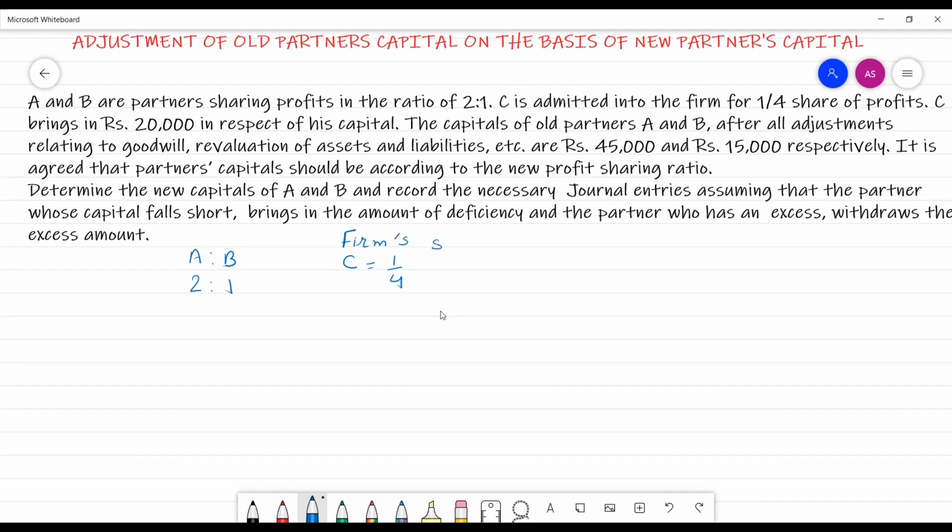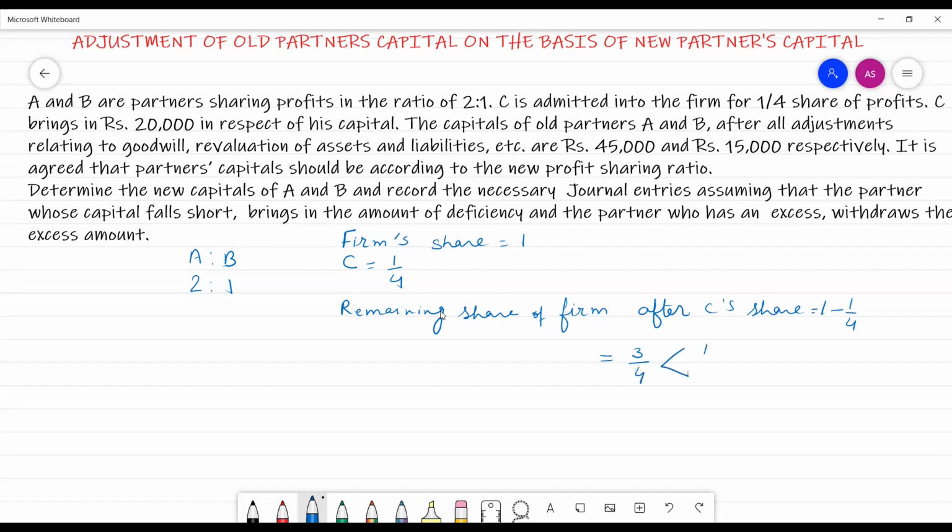The remaining share of the firm after C's share is 1 minus 1/4, which is equal to 3/4.